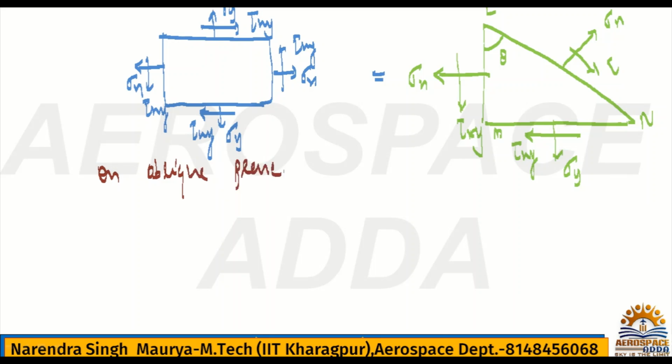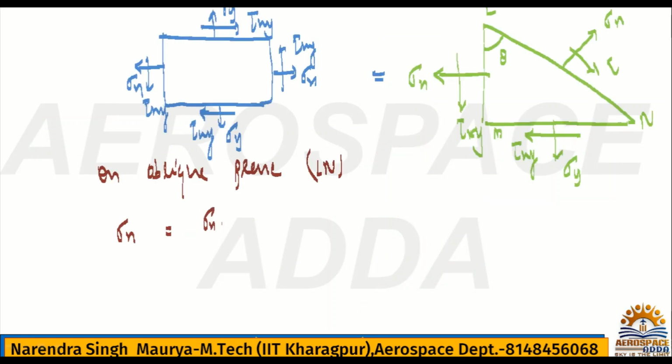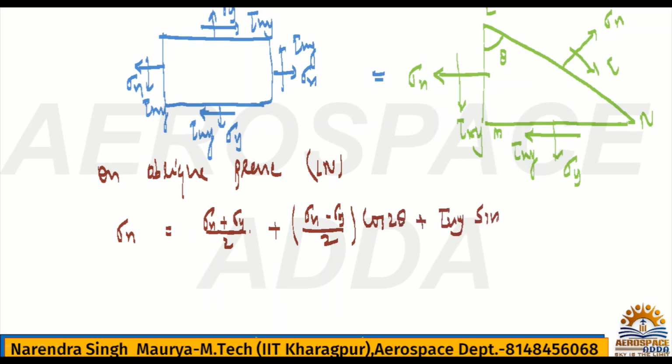For this complete system on the oblique plane, we have calculated sigma n, and in a single shot I will write this: sigma x plus sigma y by 2, plus sigma x minus sigma y by 2, in bracket cos 2 theta, plus tau xy sin 2 theta.